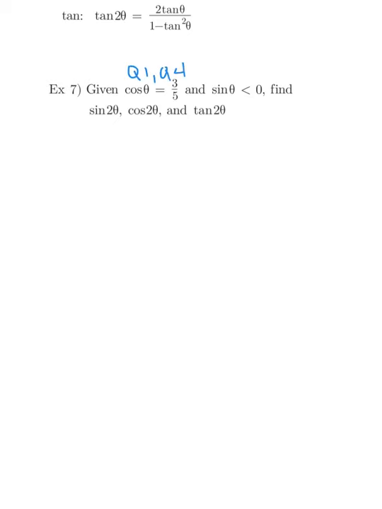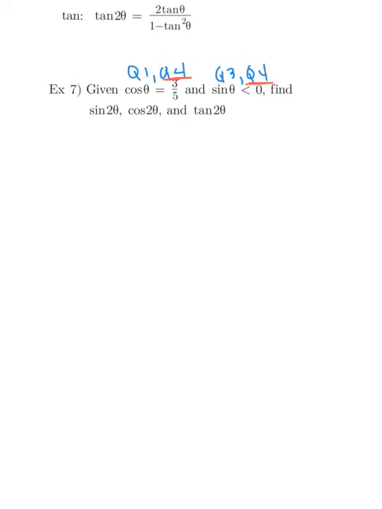We are further told that the sine is less than 0, which means that the sine is negative. So we have to think about, where is the sine negative? That is in quadrant 3 and quadrant 4. Where do these things both happen? Quadrant 4 is where they both happen.